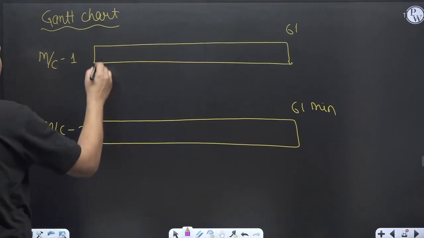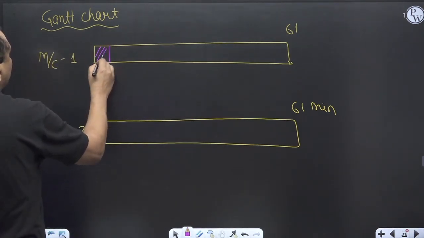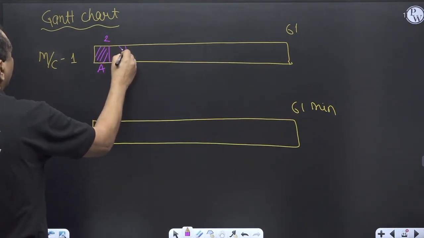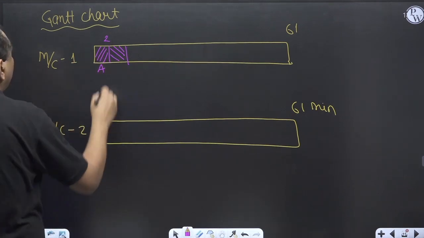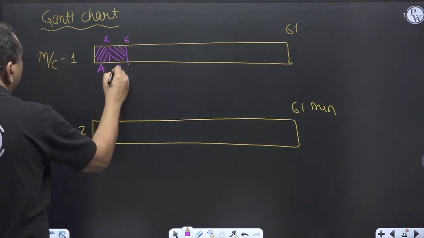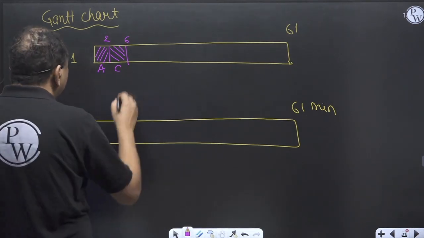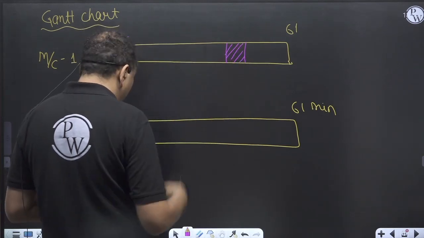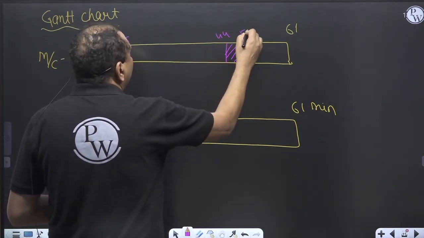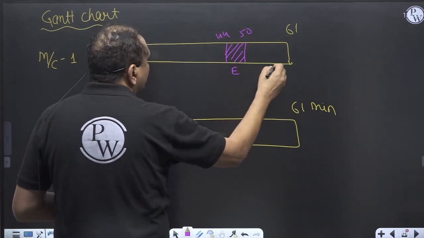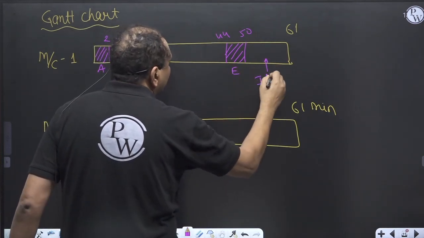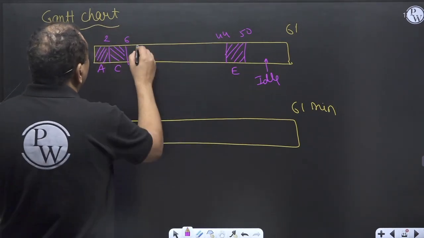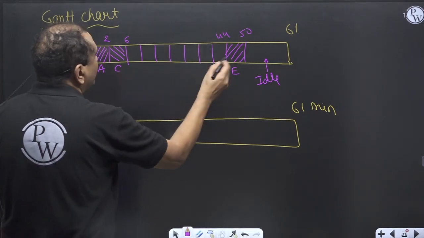Machine 1, 0 to 2 minutes, A is being processed. 2 to 6, C is processed. So it's continuous. Last one is 44 to 50, E is processed, and then it is idle. In between there is no idleness.